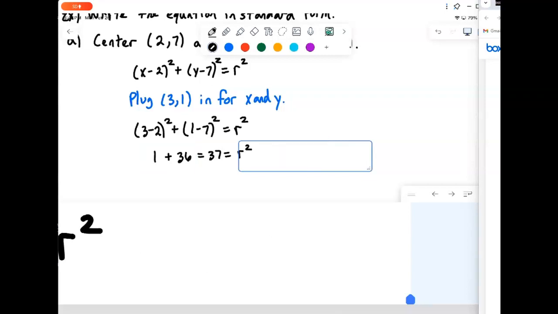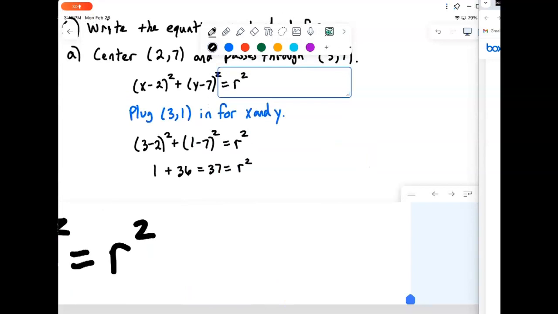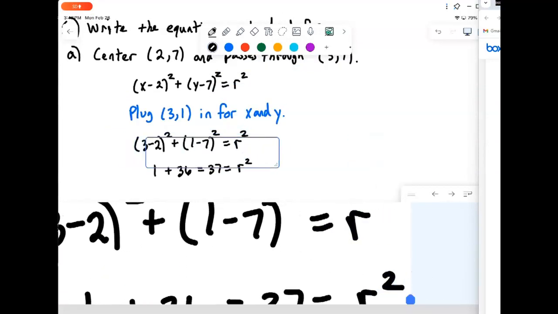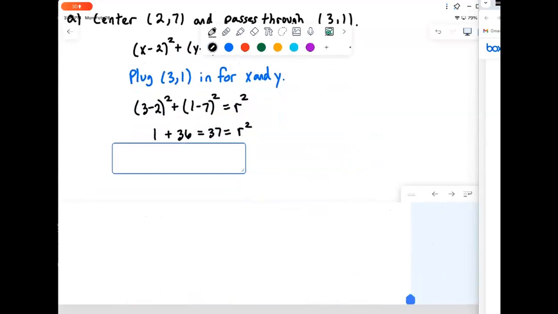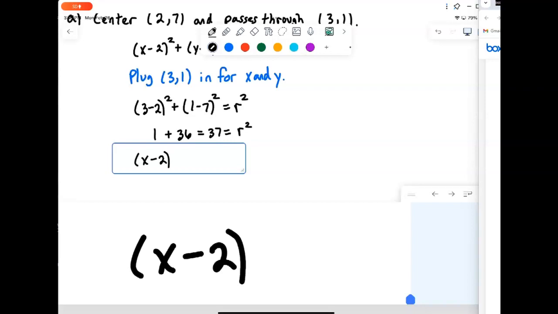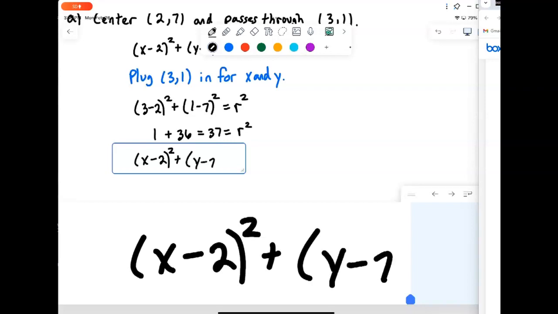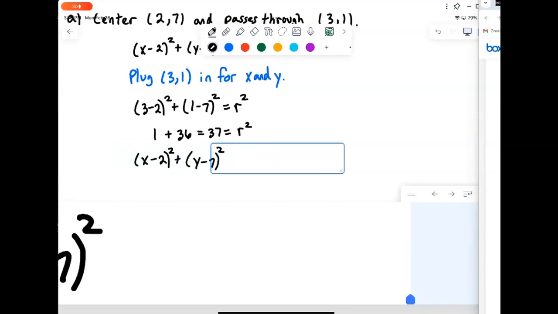No need to take the square root or anything because the formula calls for r squared. And so we just take that information and write it down now. x minus 2 squared plus y minus 7 quantity squared equals 37.